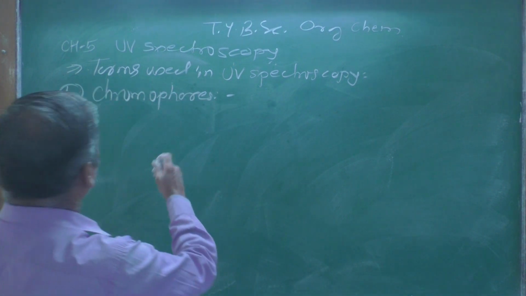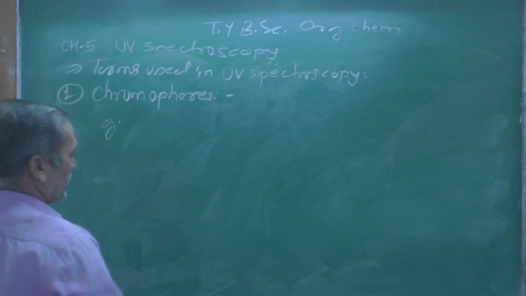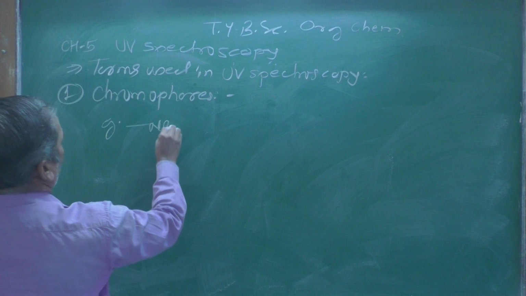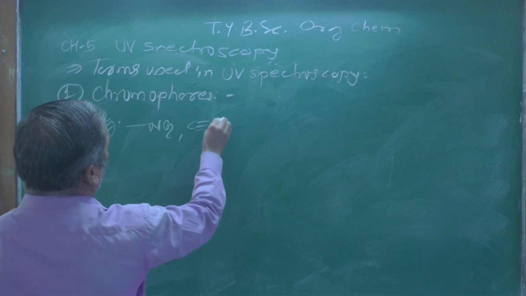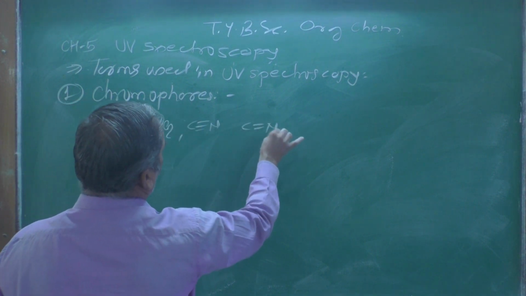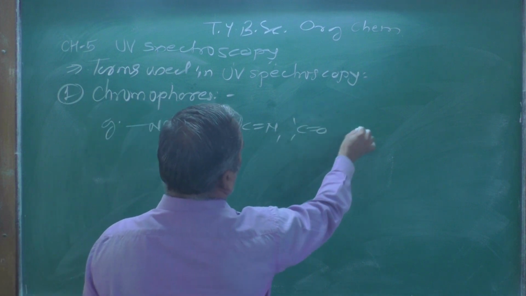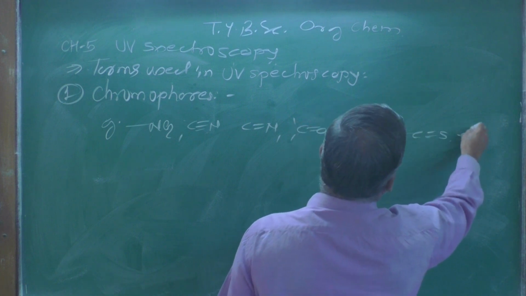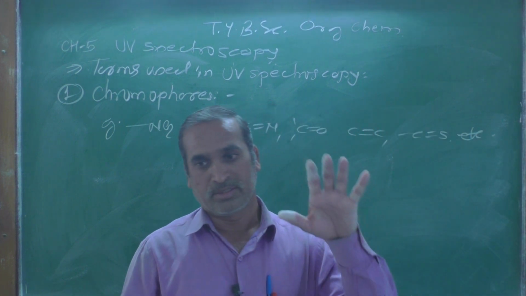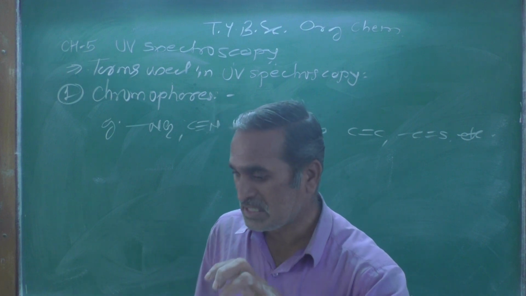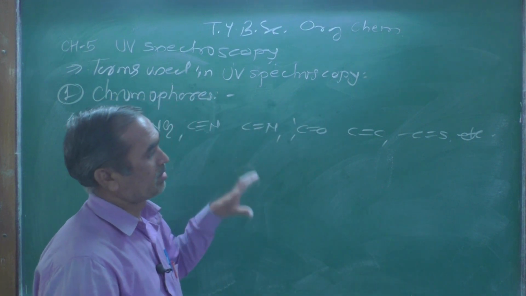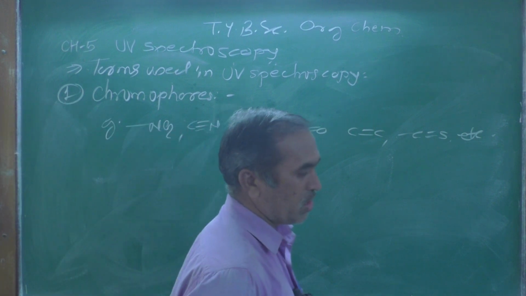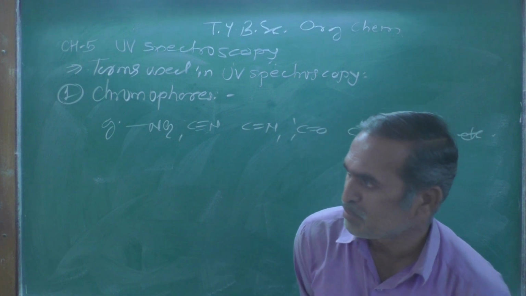And the examples of chromophores, now let us see. Examples are NO2, C triple bond N, C double bond N, C double bond O, C double bond C, C double bond S, etc. These are the carbon-carbon double bond, carbon-oxygen double bond, carbon-nitrogen double bond groups, all responsible.